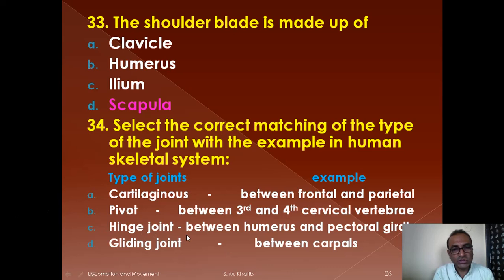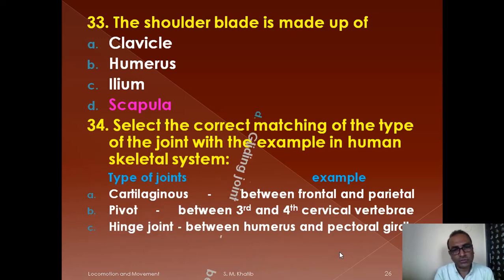Then hinge joint between humerus and pectoral girdle, that is a ball and socket joint, so that's also not correct. And gliding joints between the carpals is correct. The carpal bones in our wrist are joined by sliding joints. So D is the right option here.